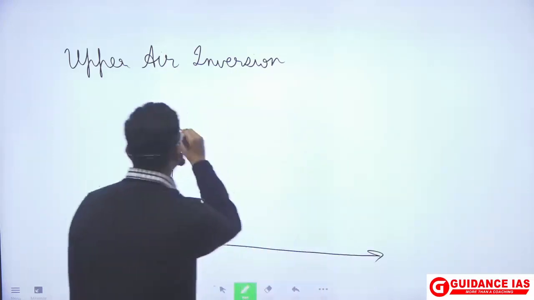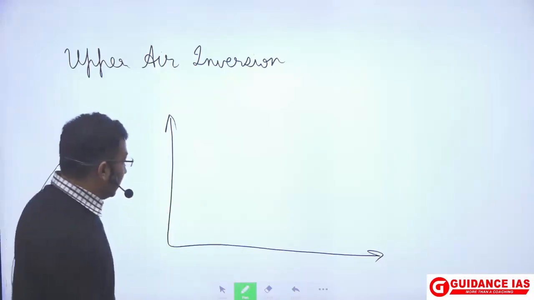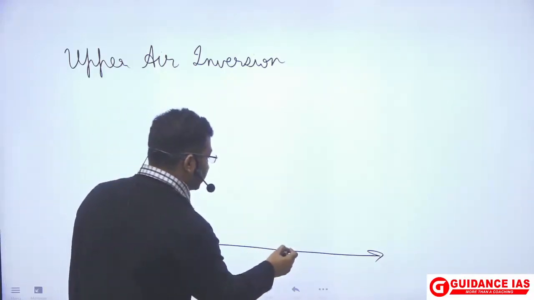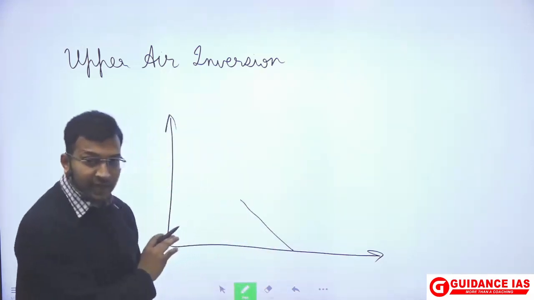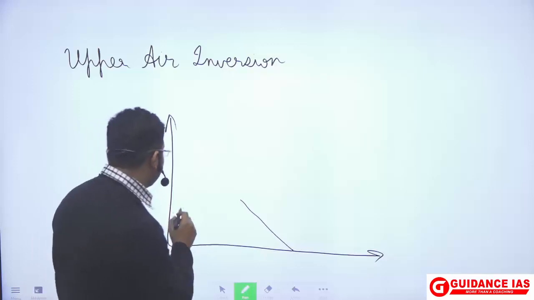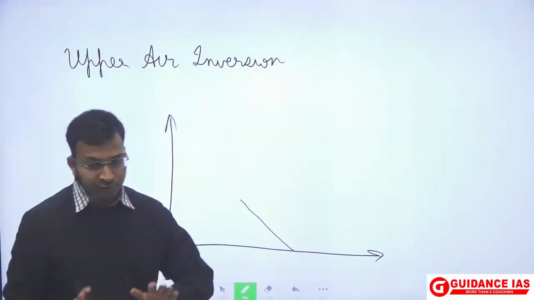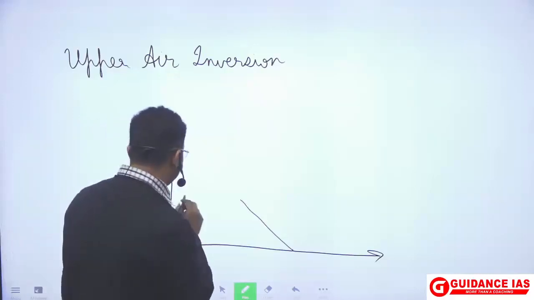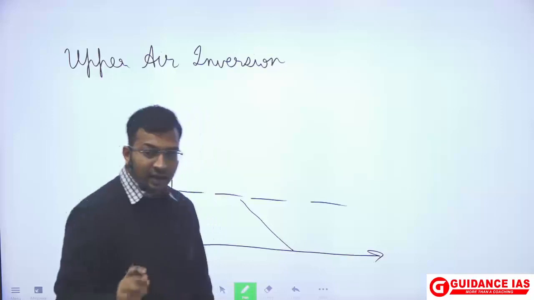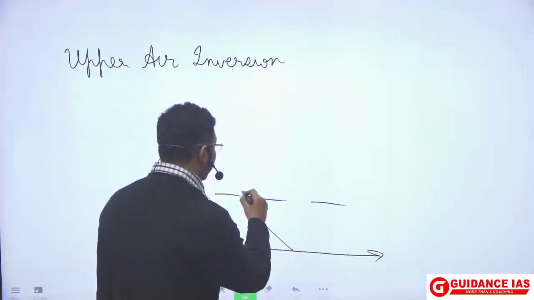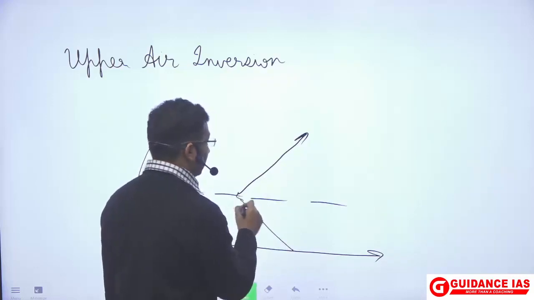In upper air inversion, this is temperature, this is elevation, altitude. Okay. The temperature goes on decreasing with increase in altitude up to a certain height in the troposphere. I'm talking about troposphere only, in the troposphere itself. But after reaching certain height, it goes on increasing. Okay.